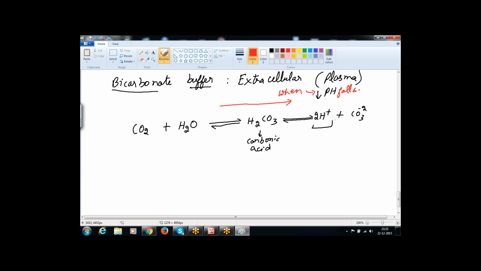Similarly, if a lot of H positive are getting collected here, when pH will rise, here the pH rises. Secondly, when a lot of H positives are there, a lot of H positive means a lot of acid. That means the pH will fall.